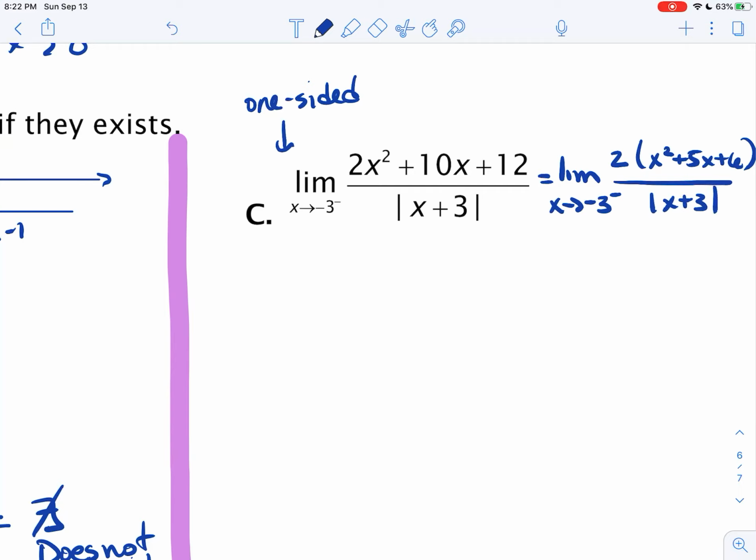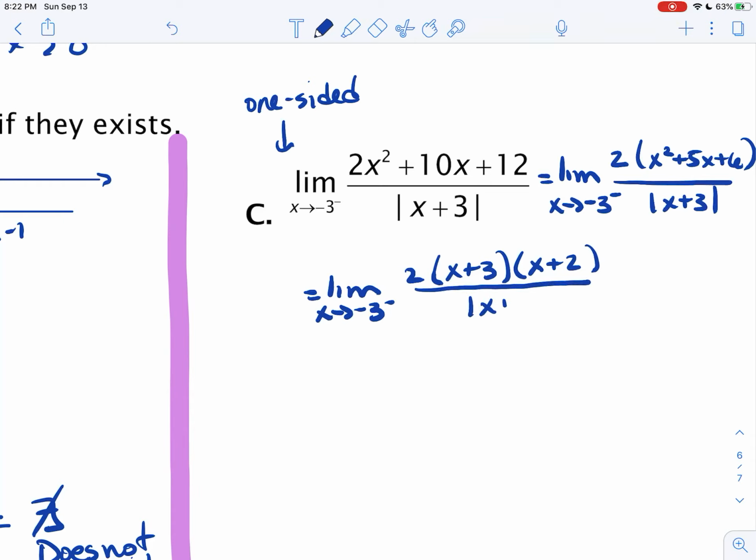I notice that I can factor the numerator again, into x plus 3 times x plus 2, and I still have over x plus 3.